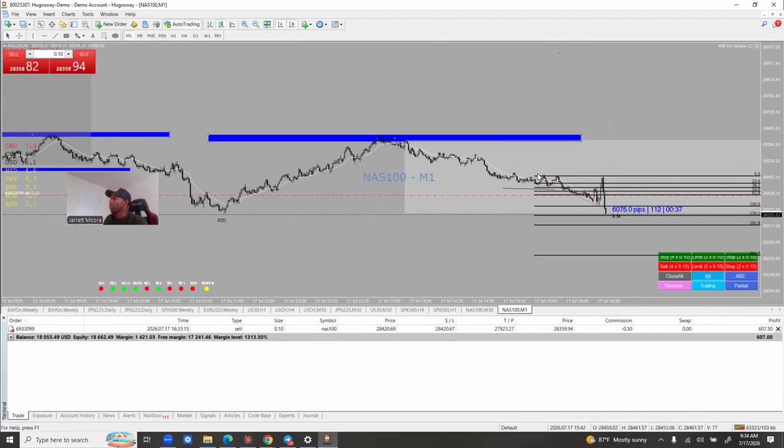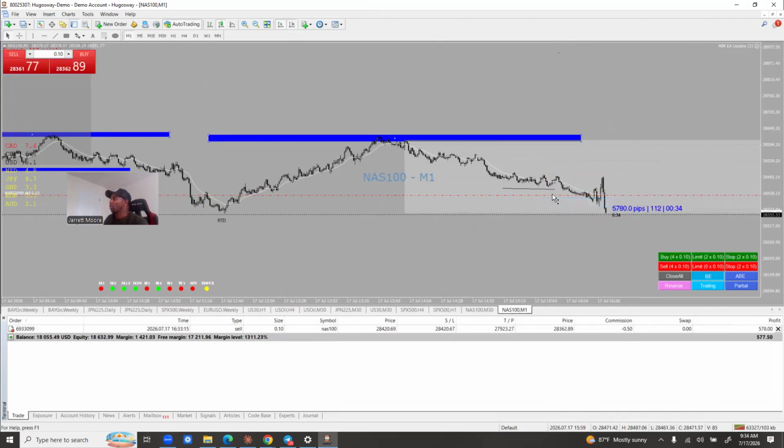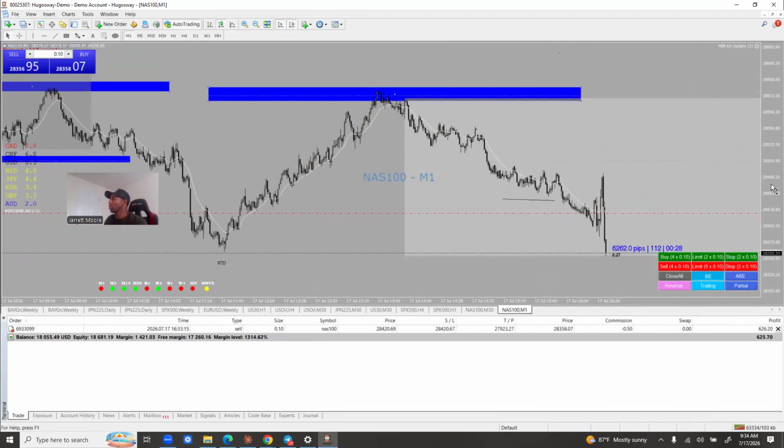This is the beauty of this strategy, guys, is the fact that all I'm doing is trading the pattern I showed you. And then once I draw that pattern, I look for the engulfing candle. And, you know, it's usually always there.